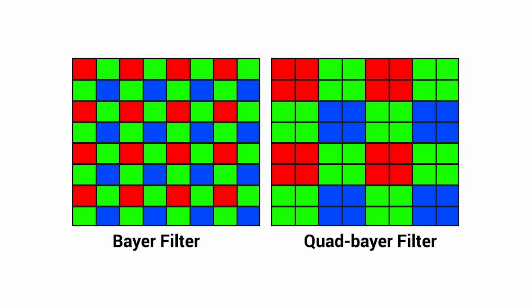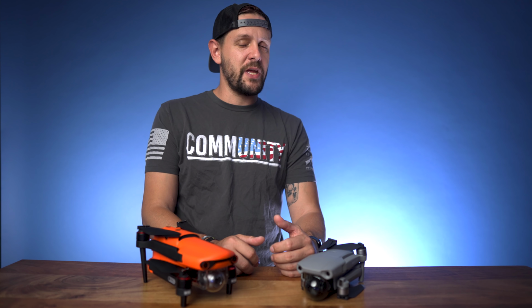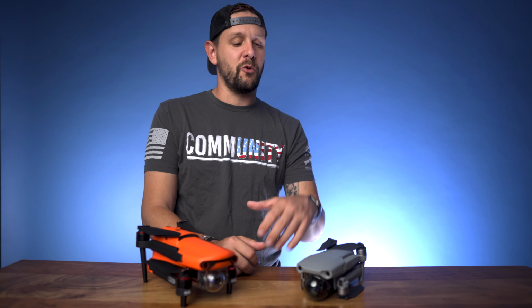I'm not gonna get specifically into what pixel binning is, but basically it creates larger pixels and it's more of a parlor trick than it is actual physical hardware. Phones have this style of camera sensor and it's made its way into drones now. I don't really know of any cameras that we shoot on like DSLRs that have pixel binning quite like this, but it's a trick to get more out of your sensor.